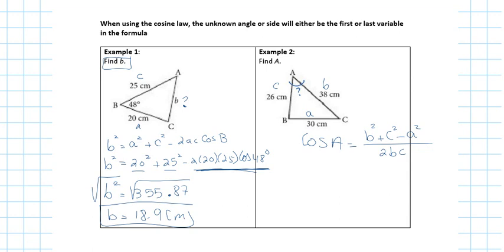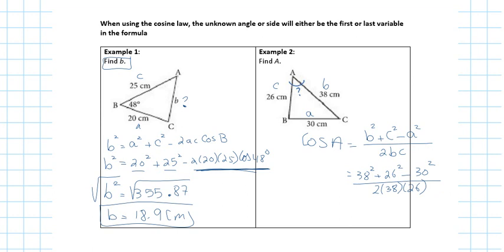We're going to enter the numbers. So B is 38, plus 26 squared minus 30 squared over 2 times 38 times 26. Again, this is a very tricky one.